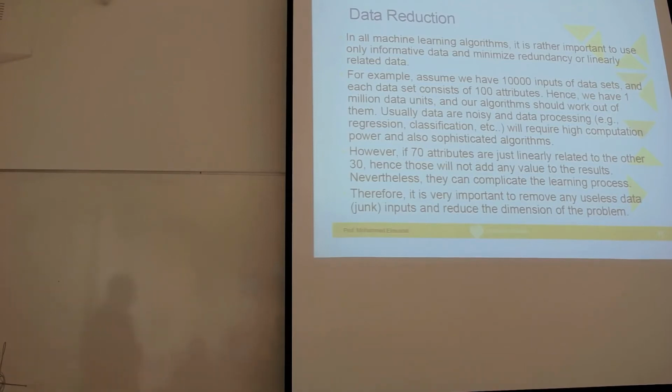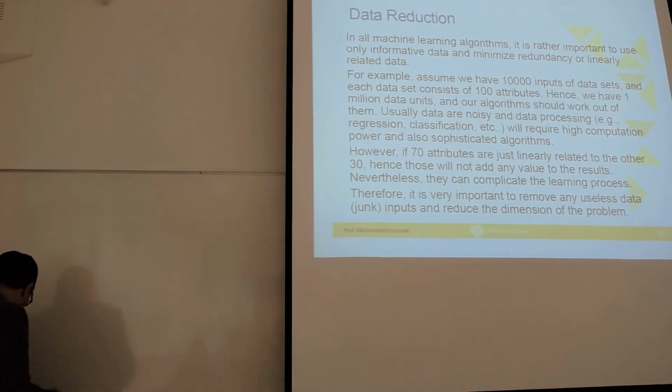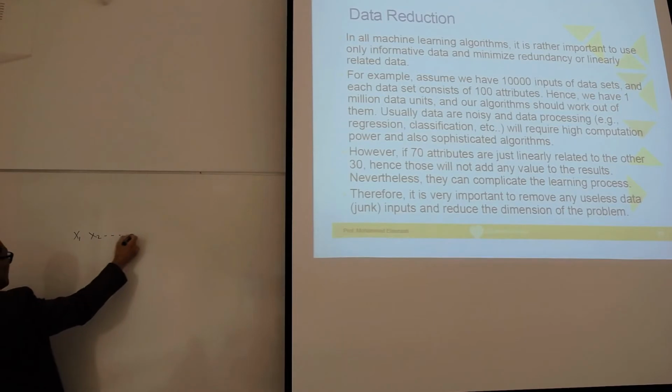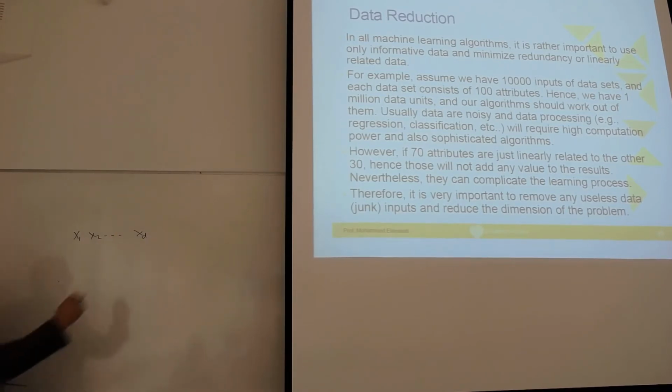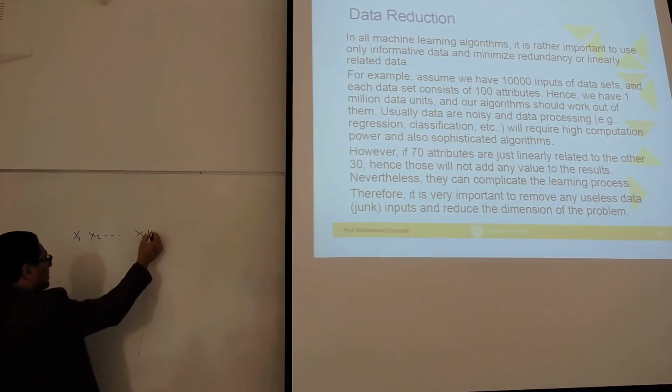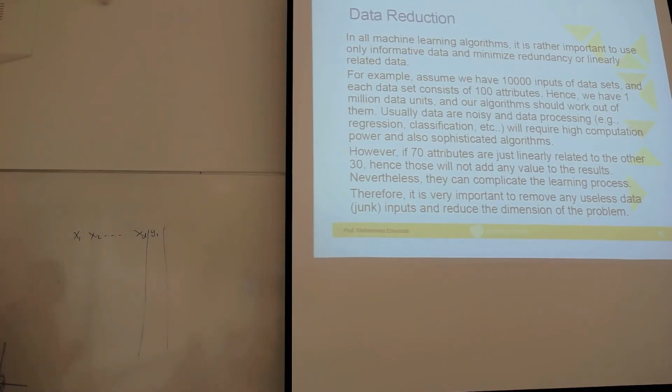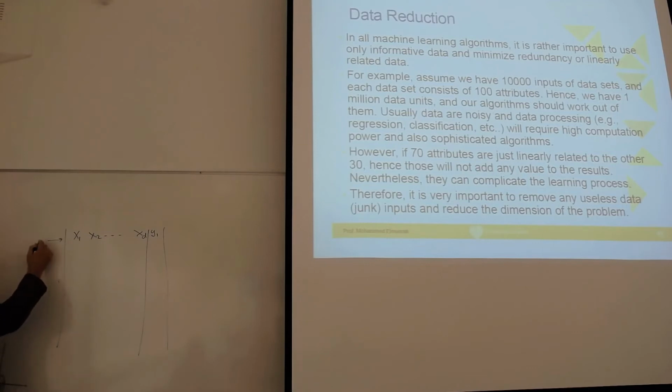Just to remind you about the structure of our data: we have attributes x1, x2 until xd. This is the dimension of our data, and then we have outputs. It can be, for example, y1 and y2, but let us talk about one output. And this is our data. We have the first sample, the second sample, so we can put the sample number up.